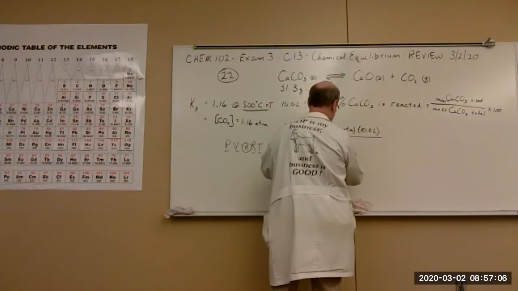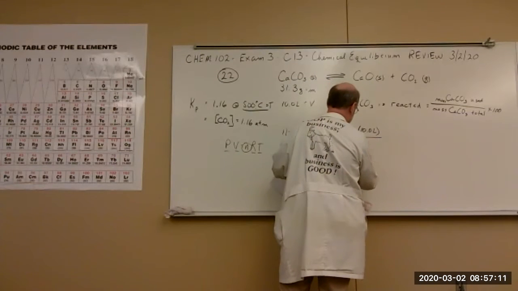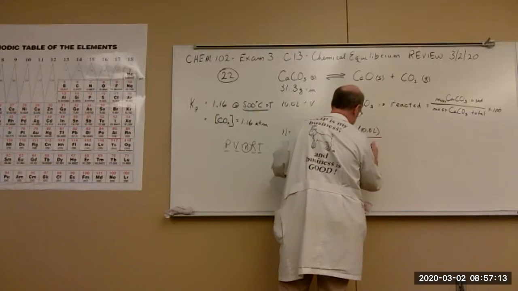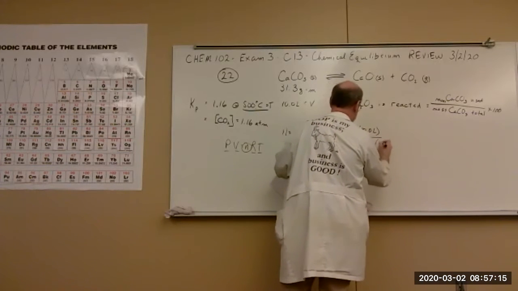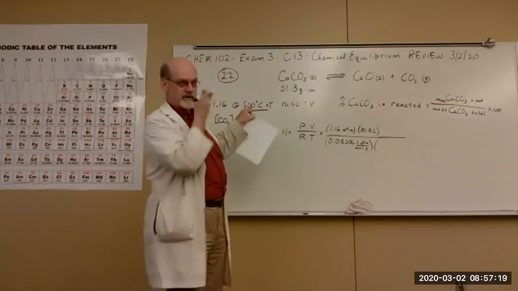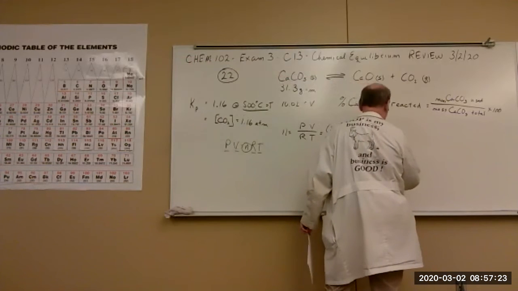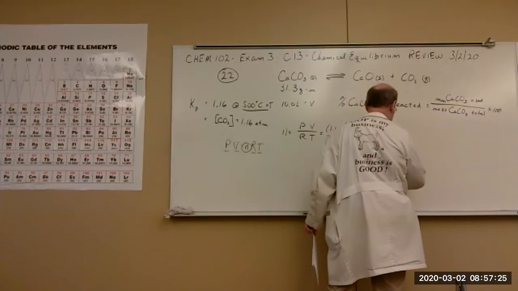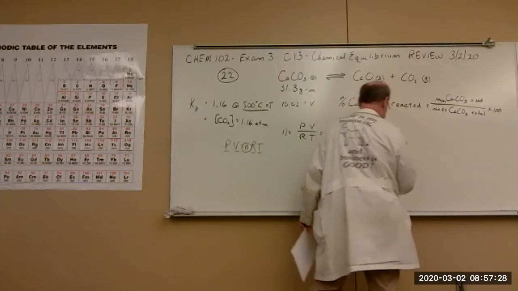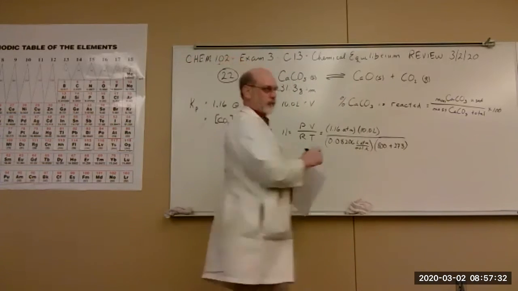R is 0.08206 liter atmospheres per mole K. And then temperature. Okay, temperature is not in the right form, is it? So we need 800 plus 273 to give us K. Now we can solve for moles.